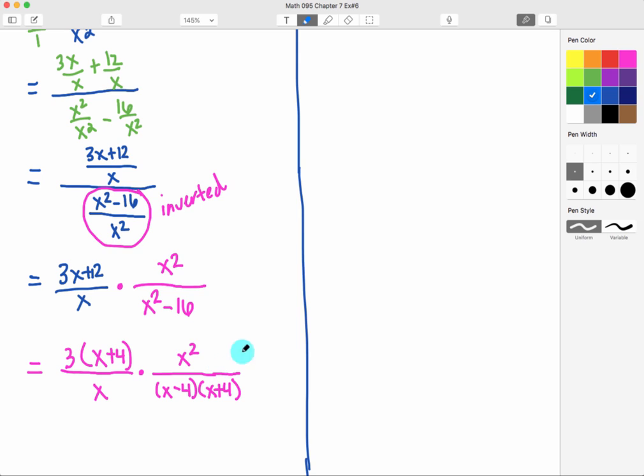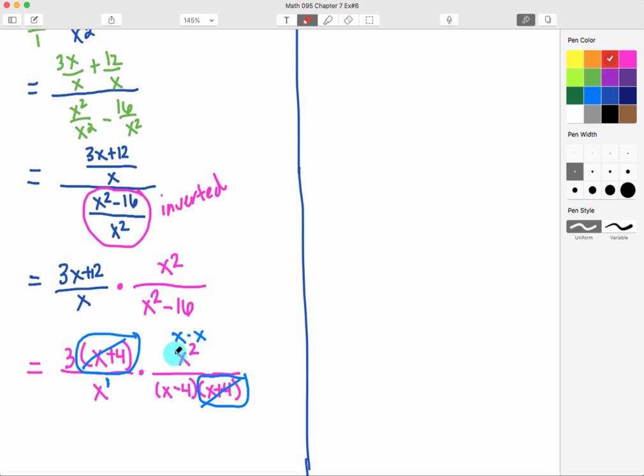So what I'm seeing now is that there is an x plus 4 factor that's the same on the numerator and the denominator. So remember, when we see the same factor, top and bottom, we can cancel them out because they really just created a version of 1. And then there's also some more. There's x squared and an x. So this is really like an x to the first power. And x squared is x times x.